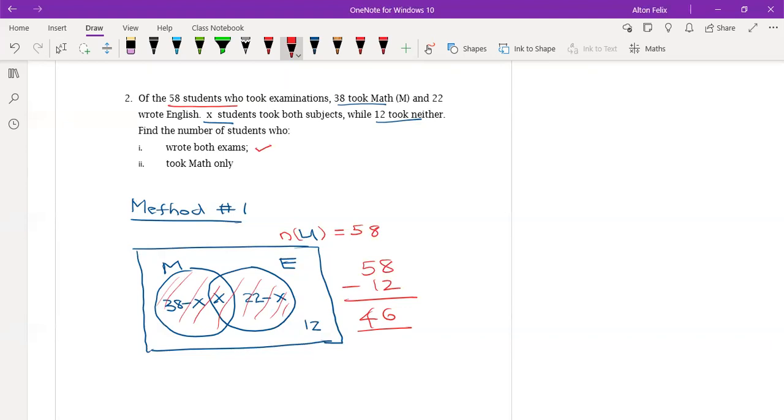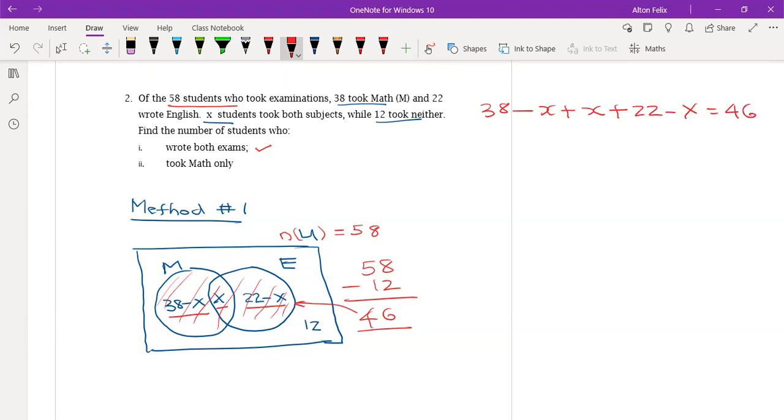So it means that 38 minus X plus X plus 22 minus X will equal to this 46. So we can write that. 38 minus X plus X plus 22 minus X equals 46.